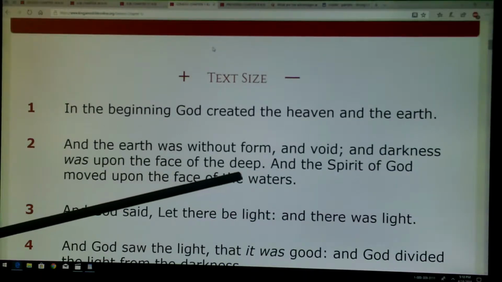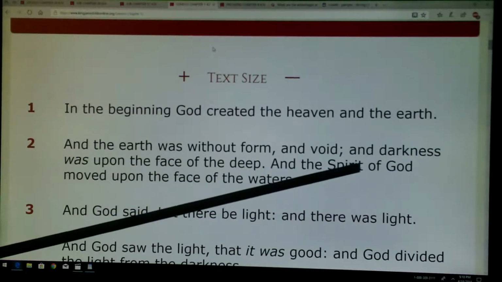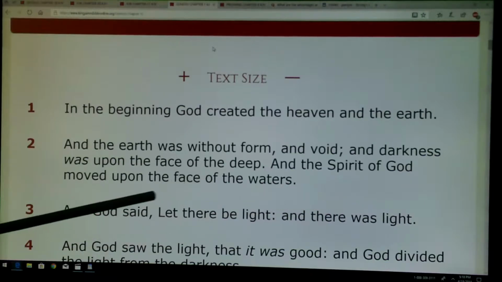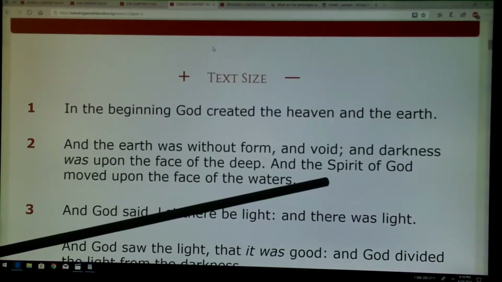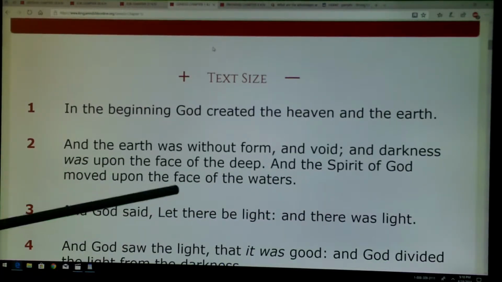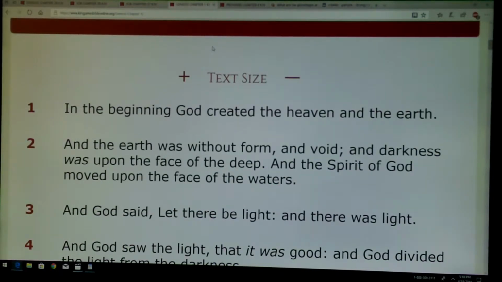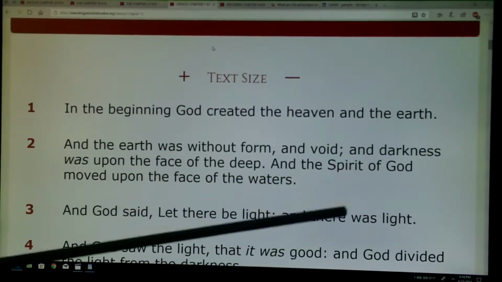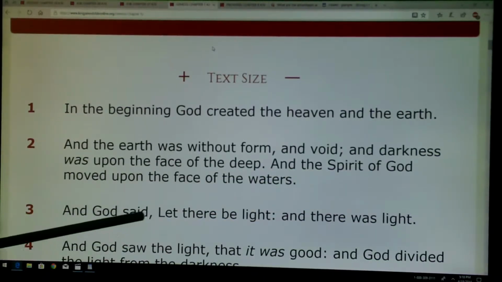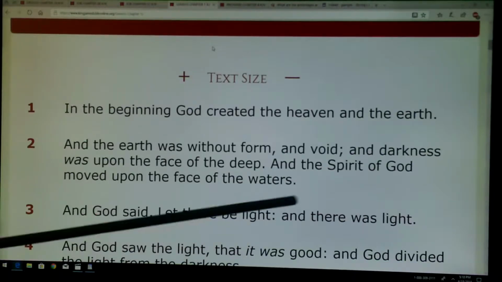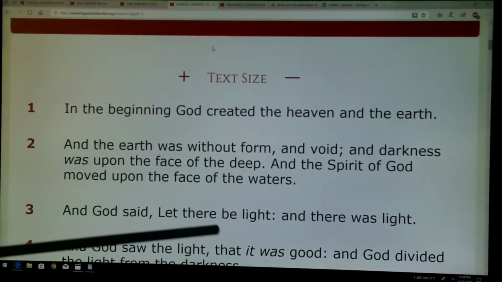Upon the face of the deep, and the spirit of Elohim, that's air, moved upon the face of the water. So doesn't air press down on the face of the water? So we have three elements. We have the earth, air, and water, and Elohim said, "Let there be light." So we have all the elements right here in the four foundations of the earth, right?